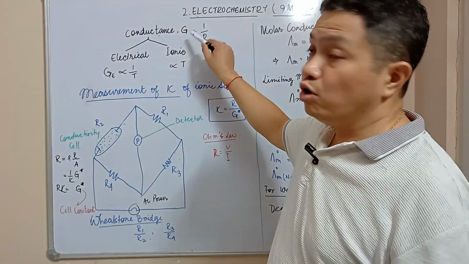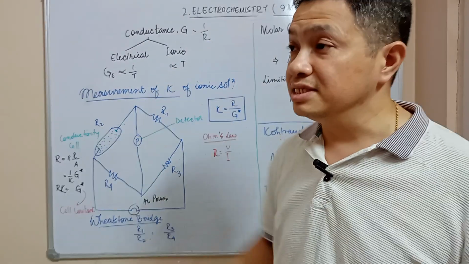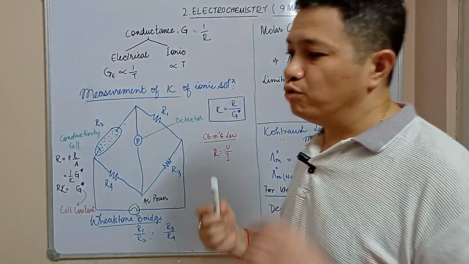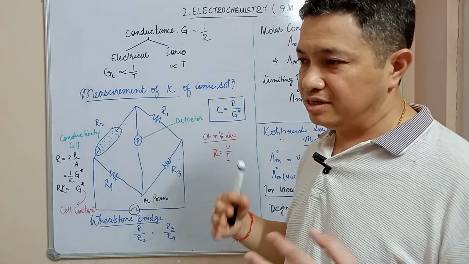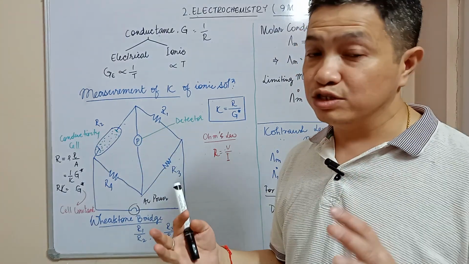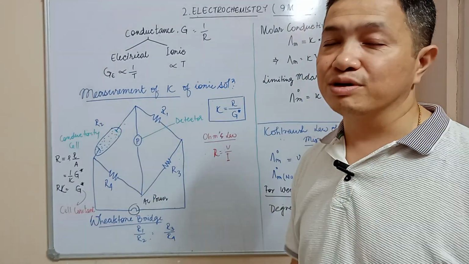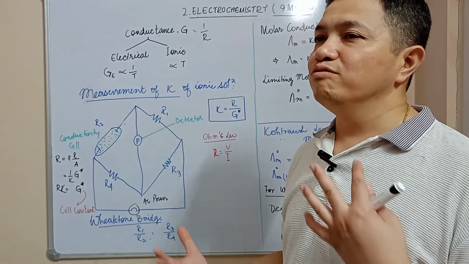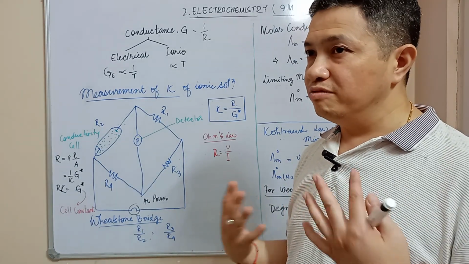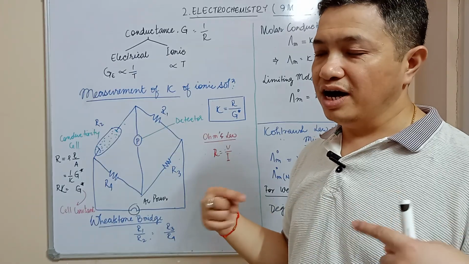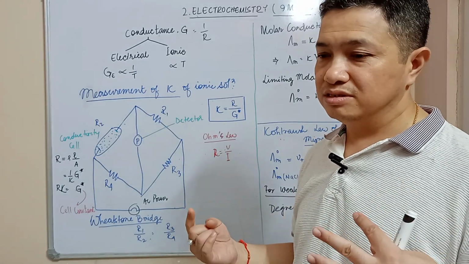And the inverse of that resistance is known as conductance. Conductance depends upon which kind of material it is, whether it is a metallic conductor or an ionic solution, and that is what we are concerned about in electrochemistry, where we will always be interacting with ionic solutions containing ions.